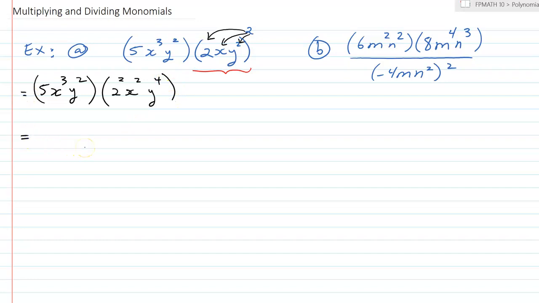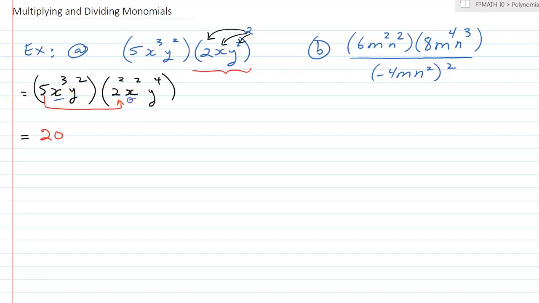Great. Now we're going to use the multiplication of monomials and the exponent law. So first number and number, 5, and this is 4, so that would be 20. We're multiplying. 2 squared is 4, 4 times 5 is 20. And then we're going to deal with the x's and y's.